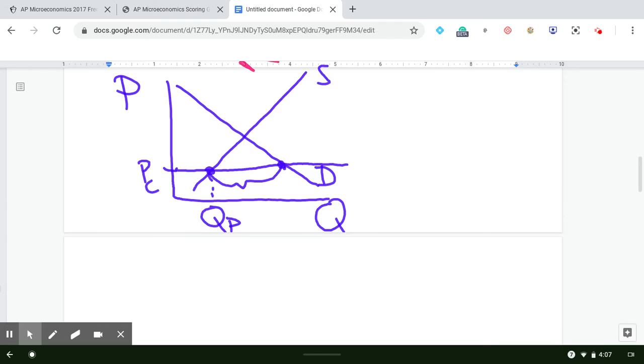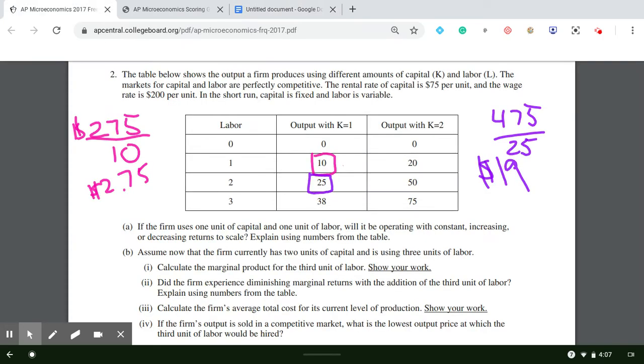Duh. That's where I confused myself. That's $27.50, not 275. So this is $27.50. Okay, duh.